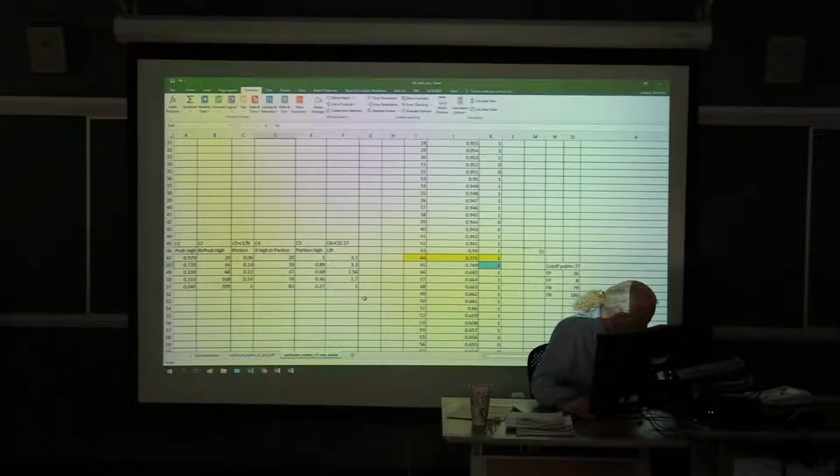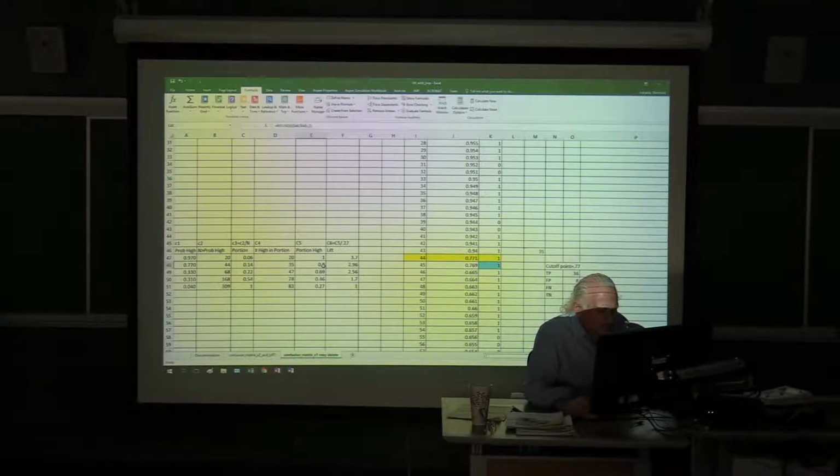So if I put 35 here, if I divide 0.89, see, I made up my own numbers, that's why. If I take this 0.89 and I divide it by 0.27, if I say equals this divided by that, then I get the 3.3.